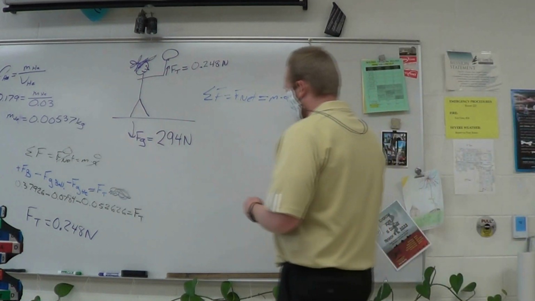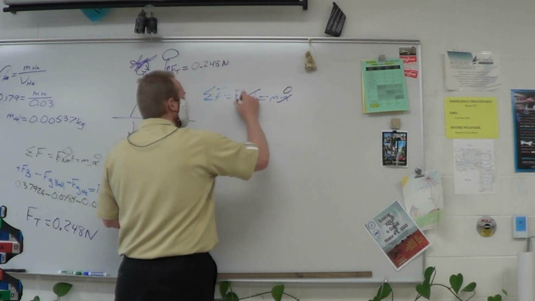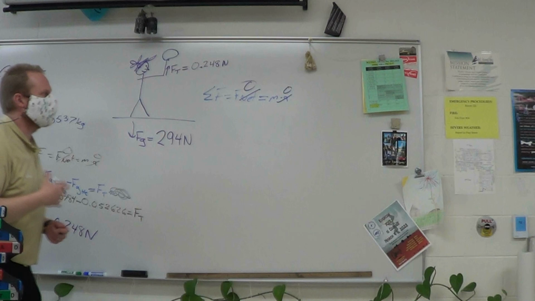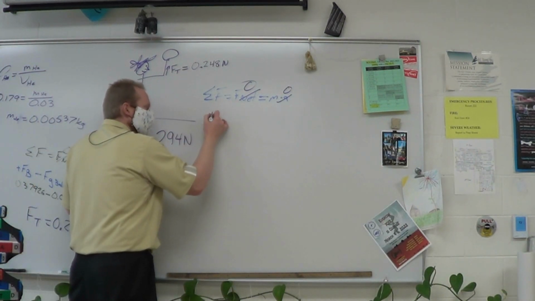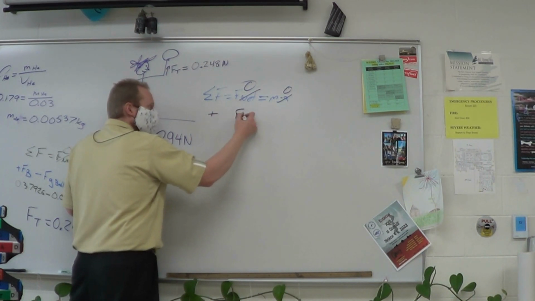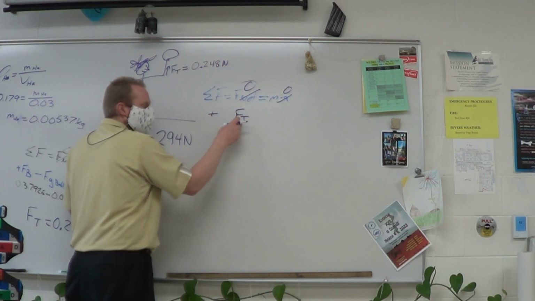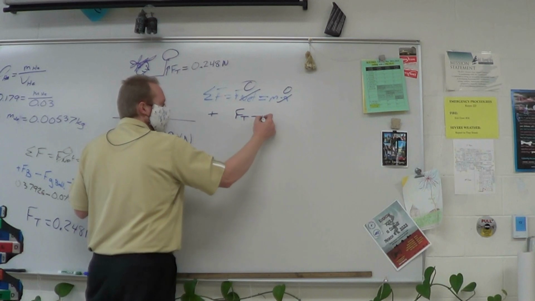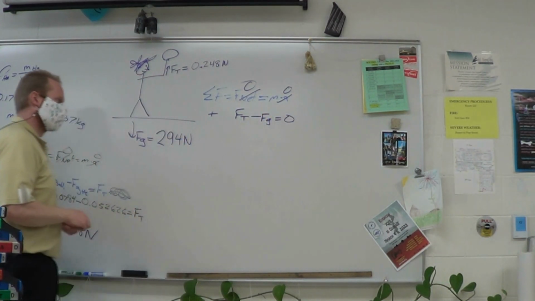So we're still saying his acceleration is 0 because his velocity is constant. He hasn't started to move yet. So Newton's second law says I have to add my ups. Now I'm going to leave a little space here. I'm going to add my ups, and my ups with the space left in between is an F of t. I'm going to subtract my downs, which is equal to 0.